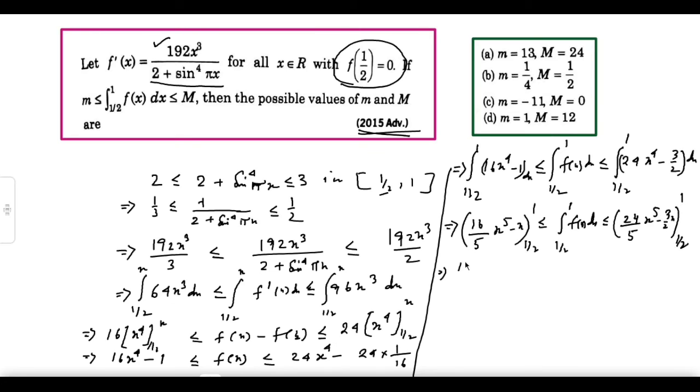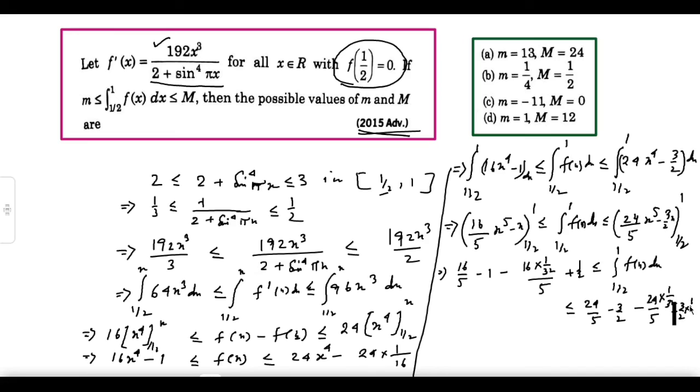It implies 16 by 5 minus 1 minus 16 into 1 by 32 by 5 plus half, less than equal to integral half to 1 of f of x dx, less than equal to 24 by 5 into 1 minus 3 by 2 minus 24 by 5 into 1 by 32 minus 3 by 2 into 1 by 2.